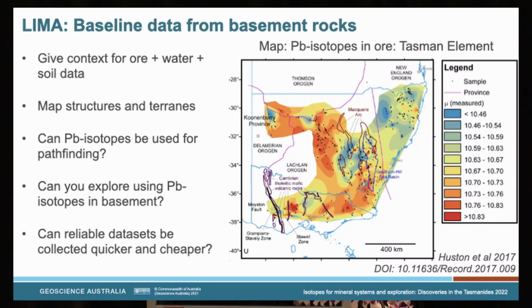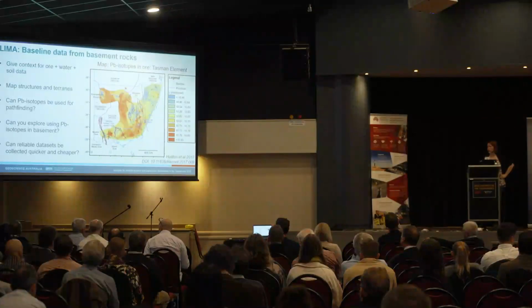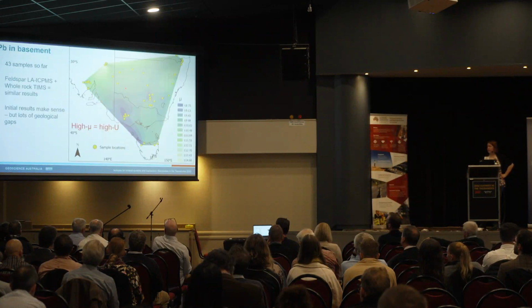Can you explore using lead isotopes in basement rocks, perhaps by looking at feldspars rather than the ore minerals themselves? And can you collect reliable data sets quicker and cheaper using the laser ablation methods rather than the classic ID-TIMS method? So those are the main things that we're focusing on.